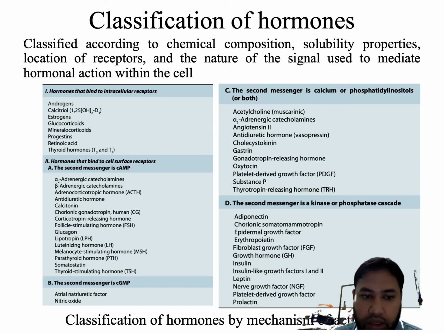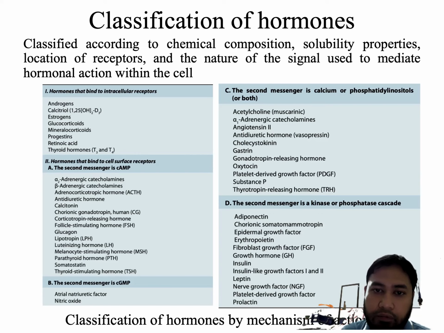ACTH, ADH, antidiuretic hormone, calcitonin, chorionic gonadotropin. Human means HCG, or in some books they put it as CG with a small letter h in front. Call it HCG. This is for the detection in the pregnancy kit.